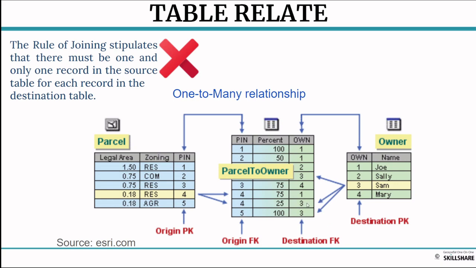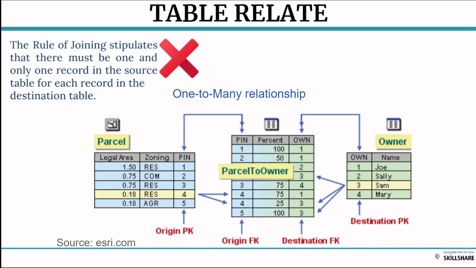If that happens, this rule is no longer working, because it is not one record in the source table for each record in the destination table anymore.